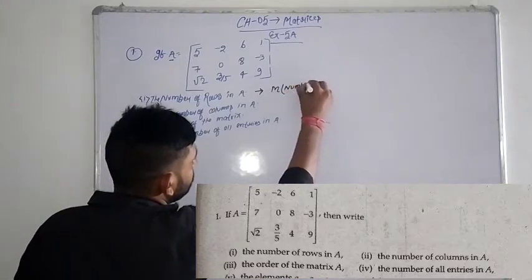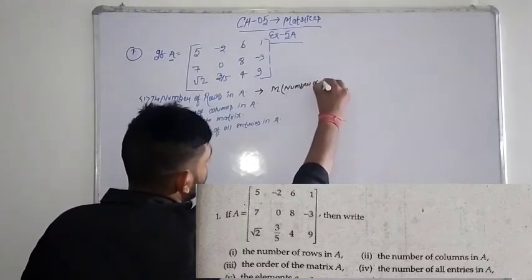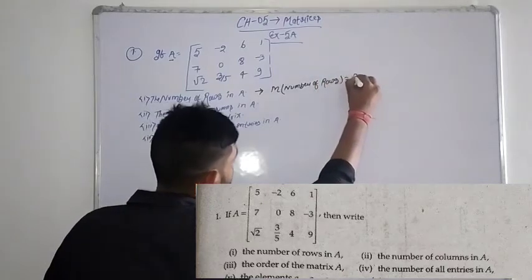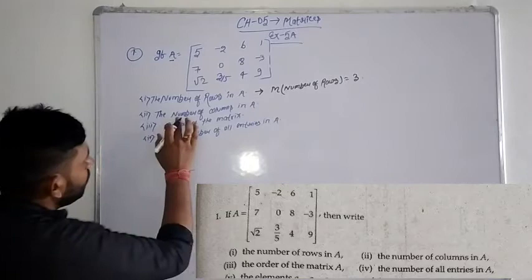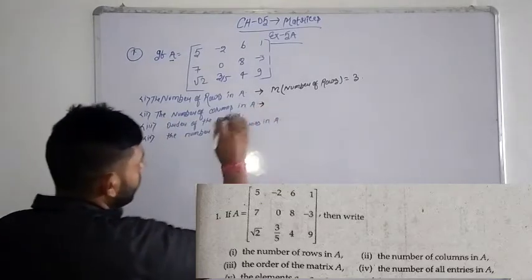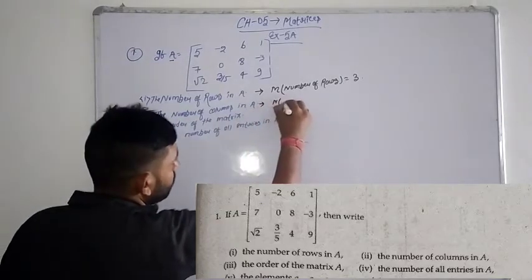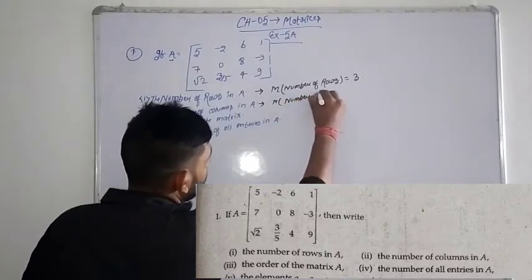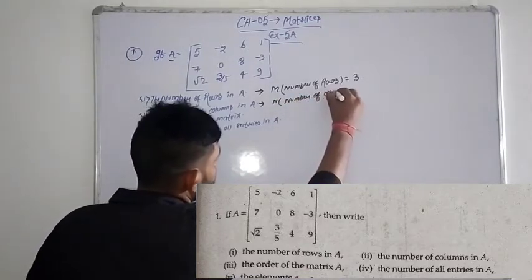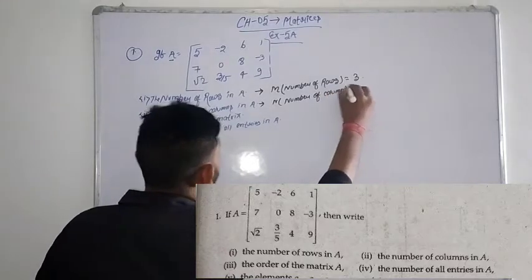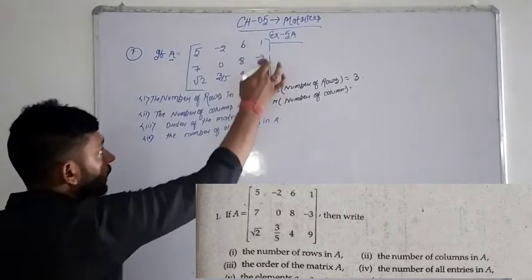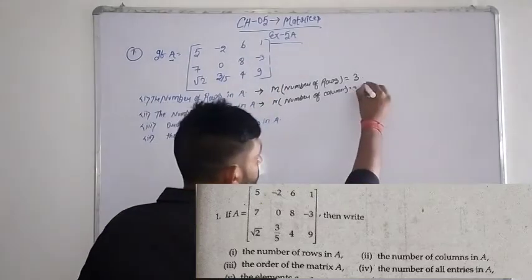Number of rows is equal to 3. Now number of columns, that means n. Number of columns is equal to 1, 2, 3 and 4.